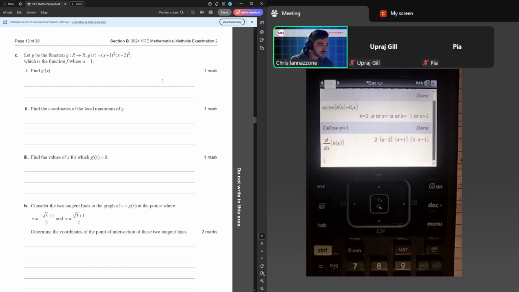Part C II. Find the coordinates of the local maximum of g.